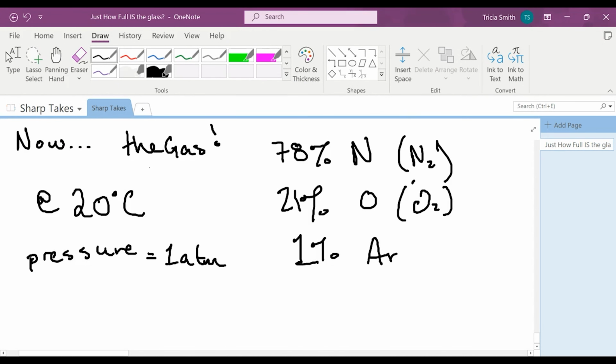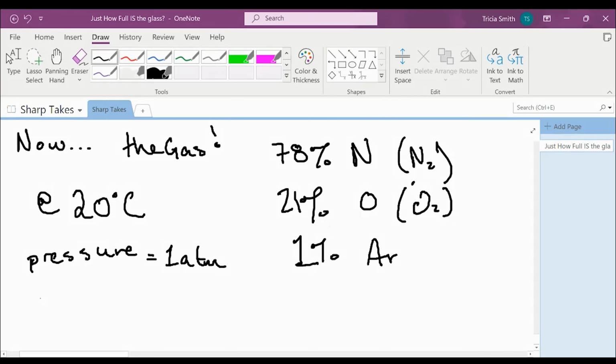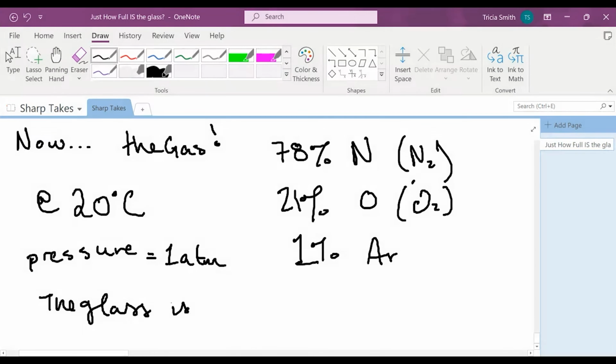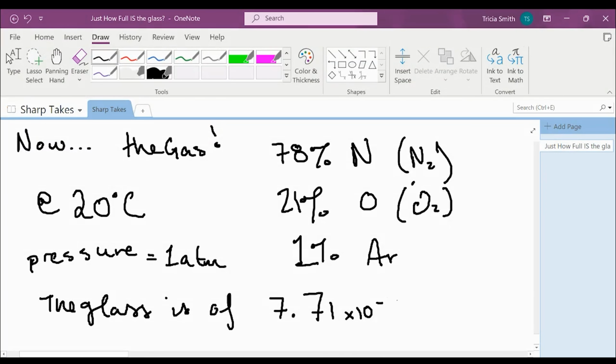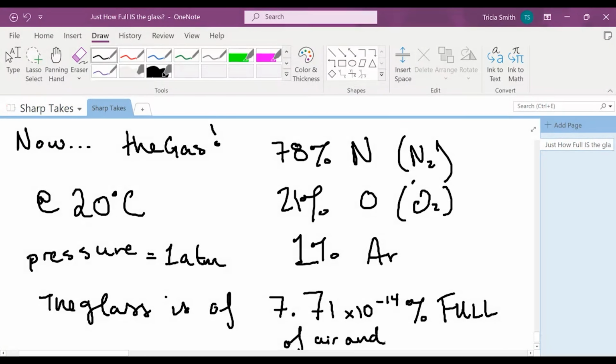Given all this information and doing the math as above, we get the glass is a total of 7.71 times 10 to the negative 14% full of air and water.